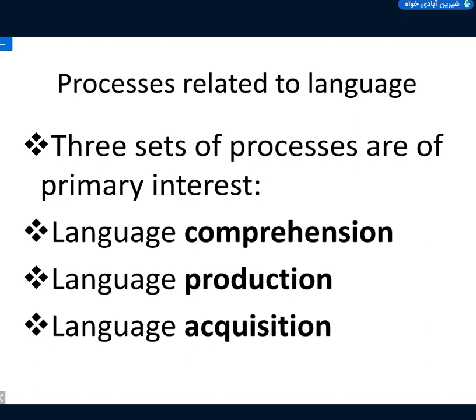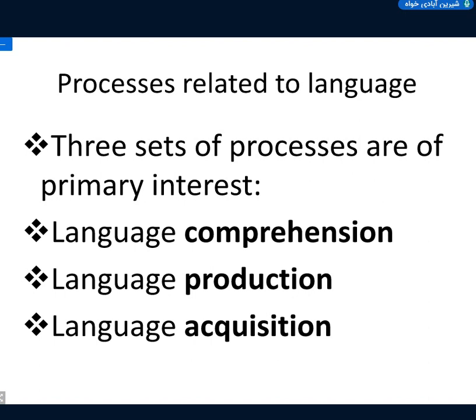How we convert auditory or visual signals into meaning. When you are reading, for example, there is a visual signal, a visual element on the page, and then after reading that visual signal, you change it into meaning in your brain.